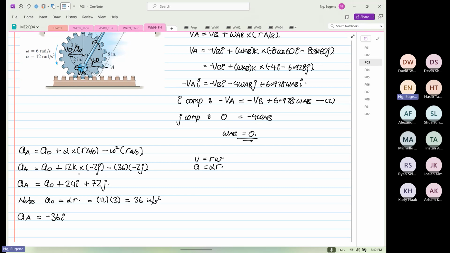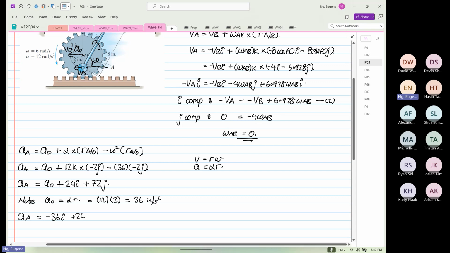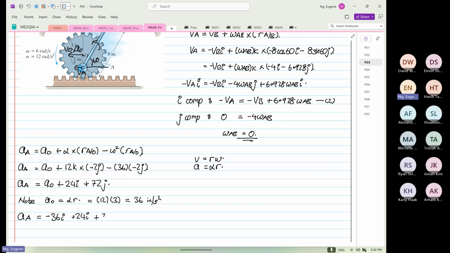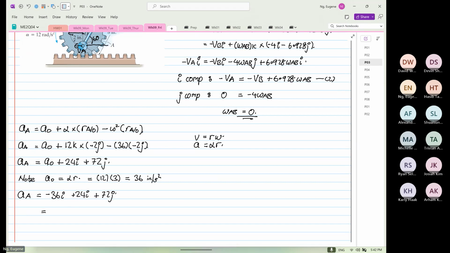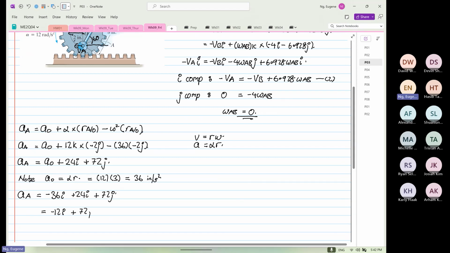So K cross J is 24, minus 24, minus K cross J, okay. Plus 24I plus 72J. So over here we have what? This is equal to minus 12I plus 72J. Okay. So we have our acceleration at point A.